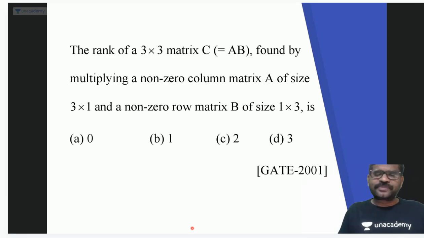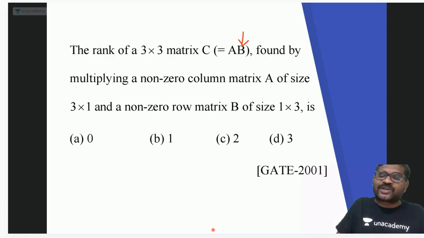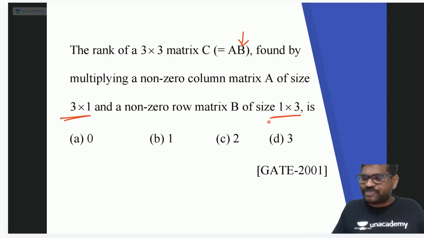Observe here. Rank of a 3 cross 3 matrix C equal to AB, found by multiplying non-zero columns of A. Concentrate. Non-zero columns of A is 3 cross 1, non-zero rows of B is 1 cross 3.